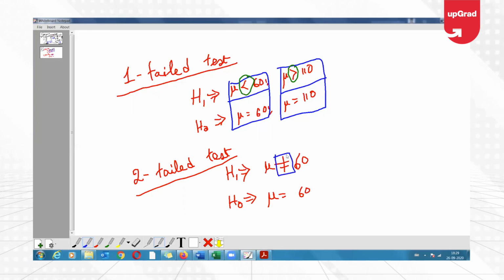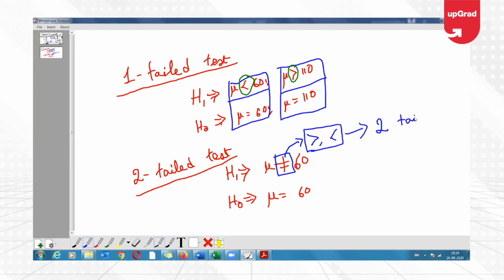If you see, it is not equal to, which means it can be greater or lesser both. It can be greater than 60 or it can be lesser than 60. Unequal means that. So here it is testing both the sides. So that's why it's called a two-tailed test. Are things going to change fundamentally? Not much, apart from one minor change. So let's take a look.